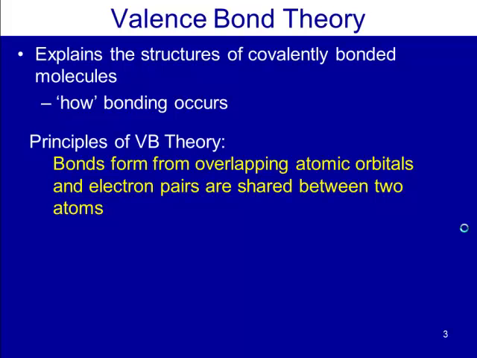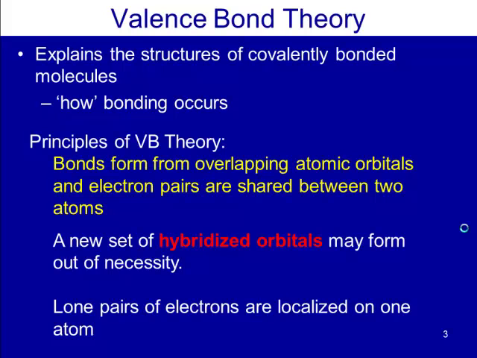So you have to have the overlapping of the atomic orbitals before you can share the valence electrons. As we're going to see later on, a new set of hybridized orbitals may form out of necessity, and lone pairs of electrons are localized on one atom, such as a central atom.